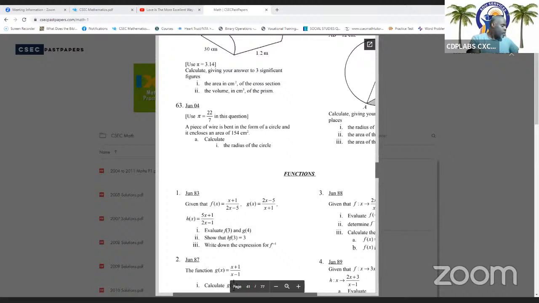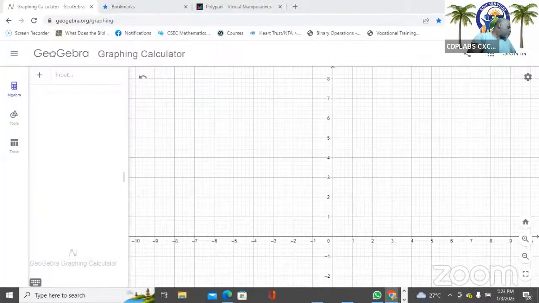Let us take a look quickly. Let me change the share. Was it GeoGebra now? All right, so there we are.